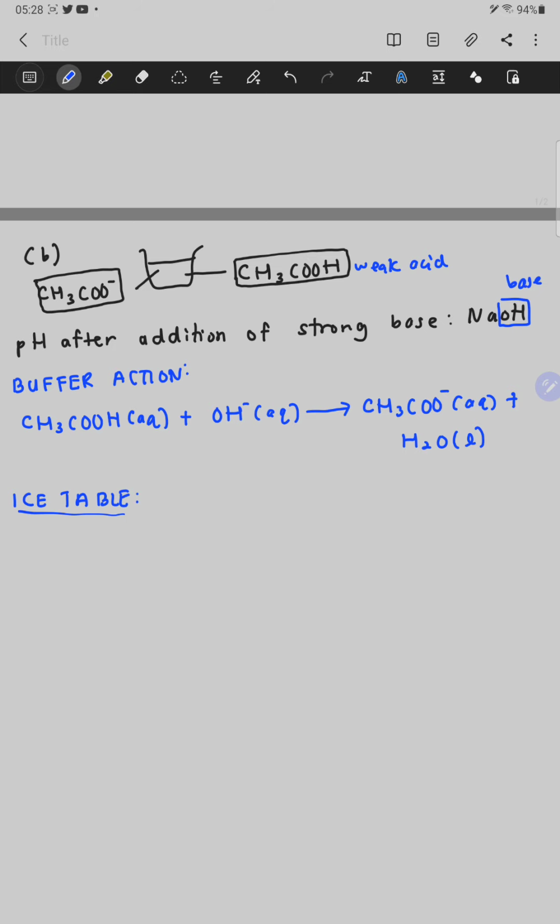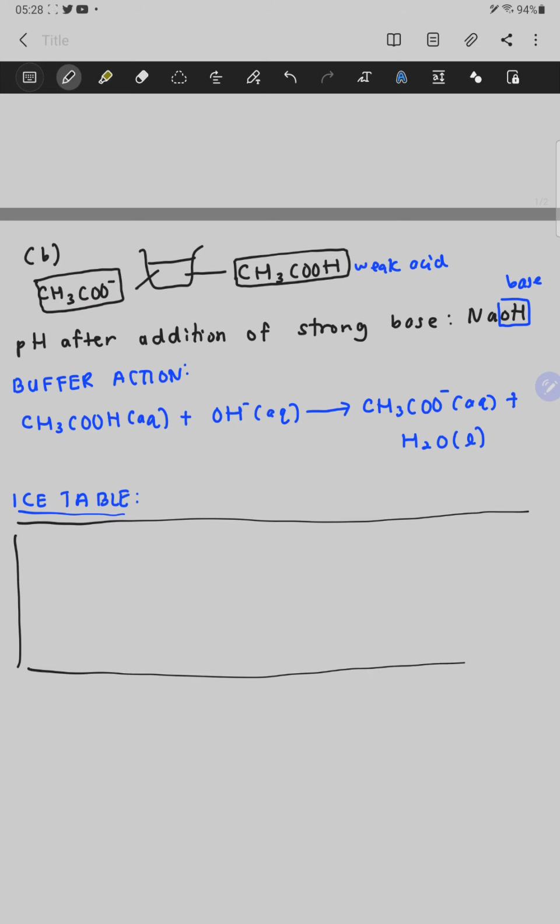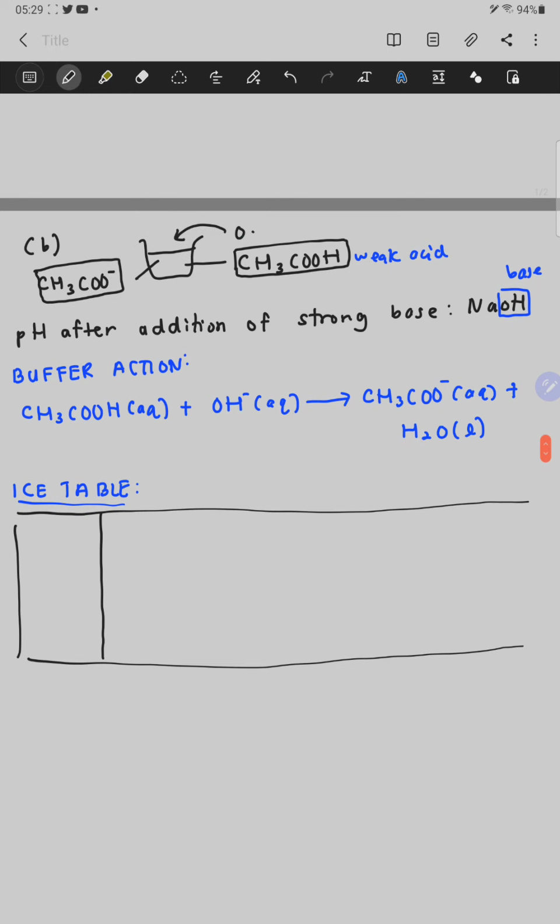We will use an ice table. So we will construct the ice table as usual. The volume of the buffer does not change when you add a strong base. So now you add 0.01 molar sodium hydroxide into this acidic buffer. Because the volume of buffer does not change after addition, our ice table is in concentration, or molarity.